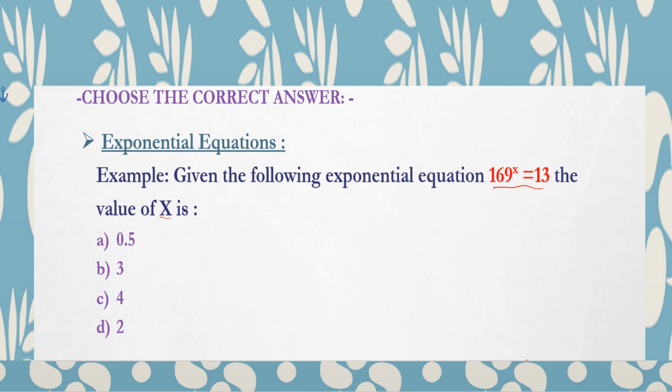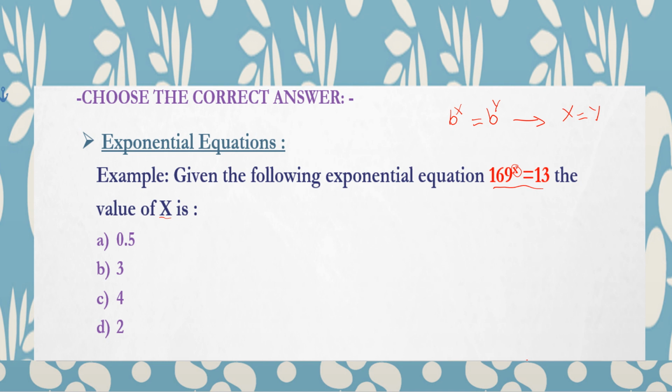This equation is called an exponential equation, as we have exponents here and the exponent equals x, and we would like to know the value of x. We can use the properties of exponents. The first property says that when we have b power x equals b power y, then x equals y.